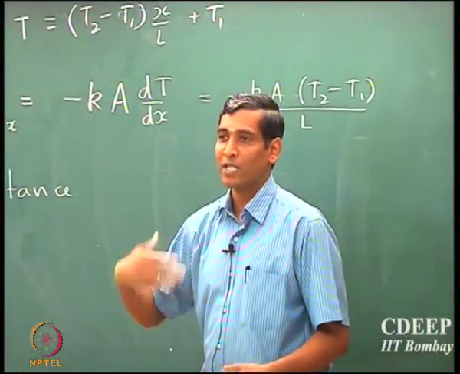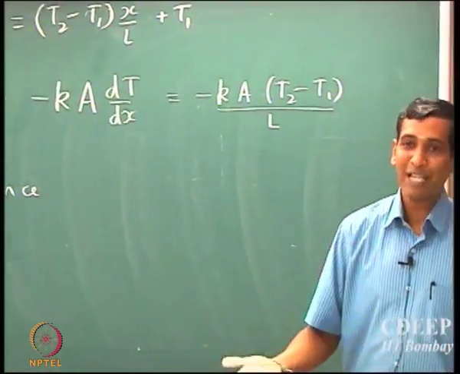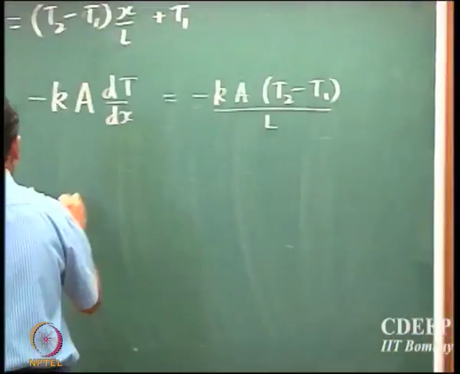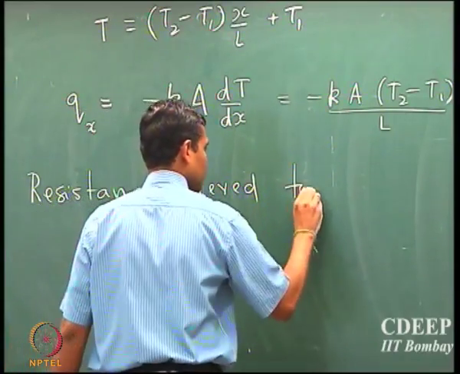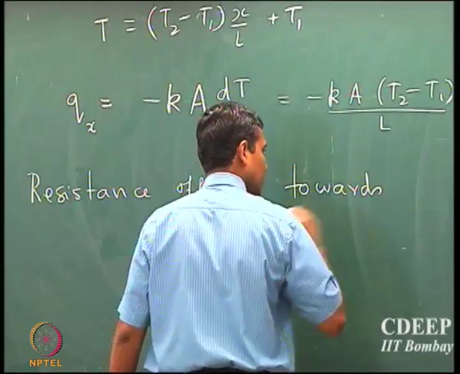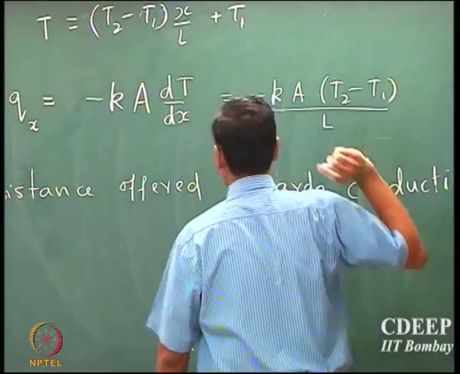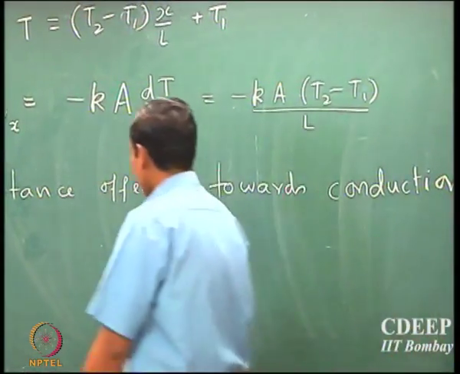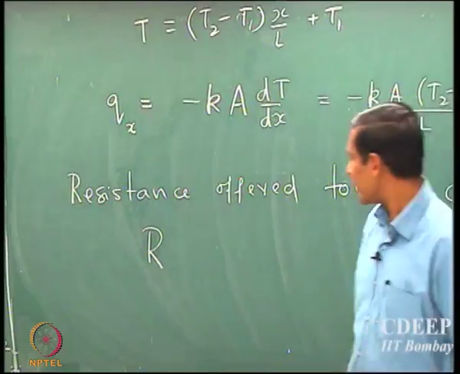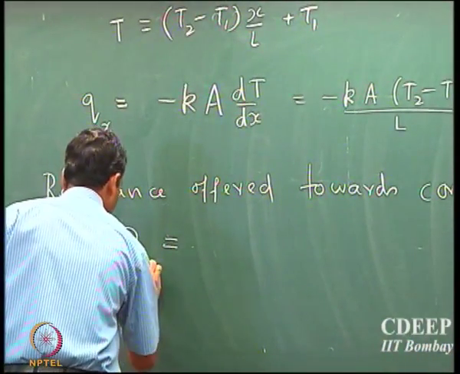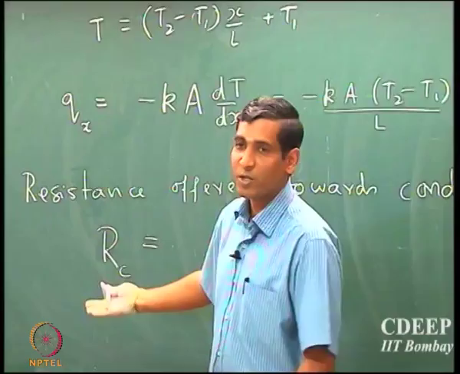It's similar to what you would have seen in your electrical engineering or some of the electricity things you have studied pre-JEE. Okay, so you can find out the resistance offered towards conduction. The way it is defined, R generally is the symbol I will use for resistance. So R for conduction, sometimes I use a subscript, sometimes I don't, but generally R means the resistance which is involved.